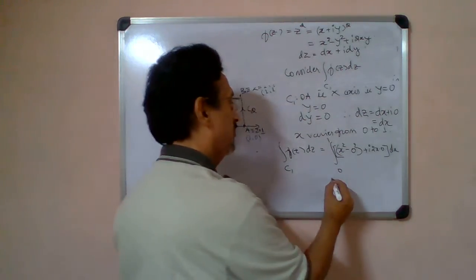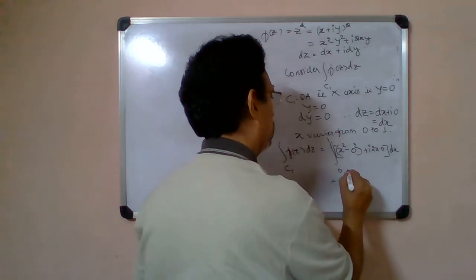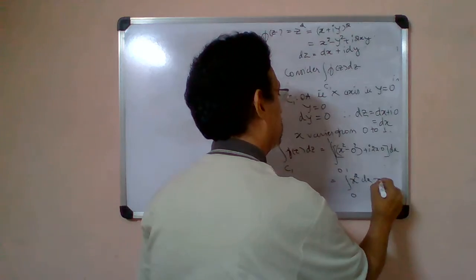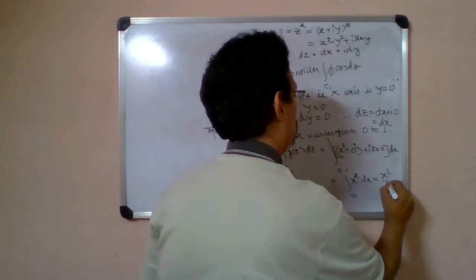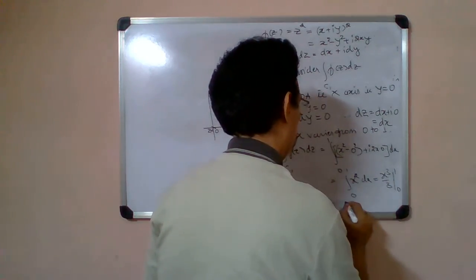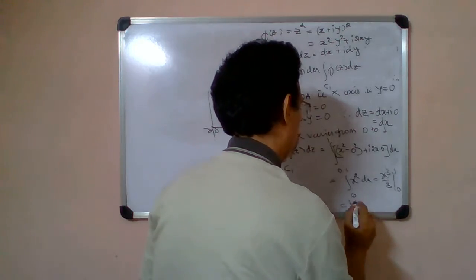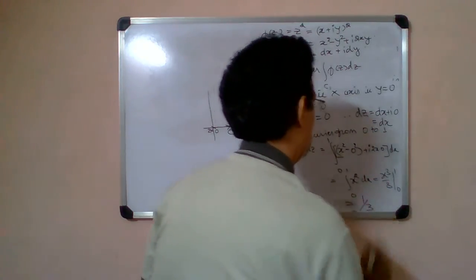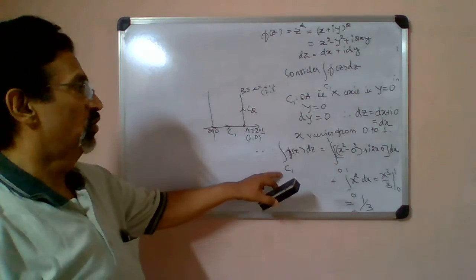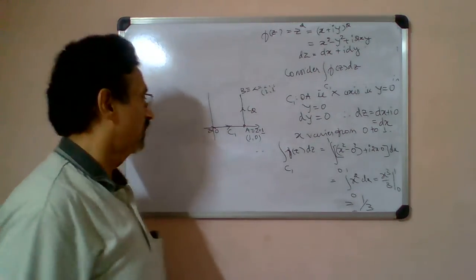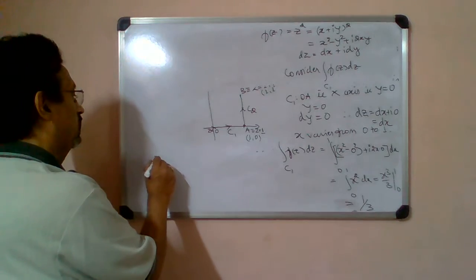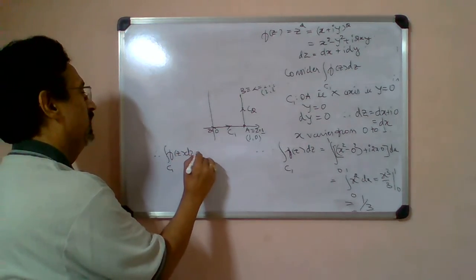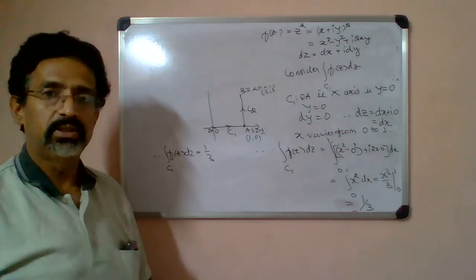So this is the integral from 0 to 1 of x squared dx, that is x cubed by 3 from 0 to 1. So the answer is 1 by 3. So the integral over C1 of f(z) dz is 1 by 3.